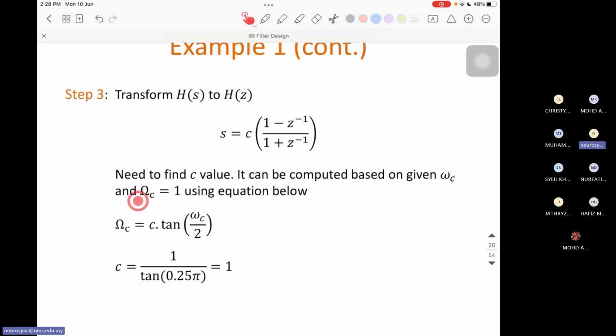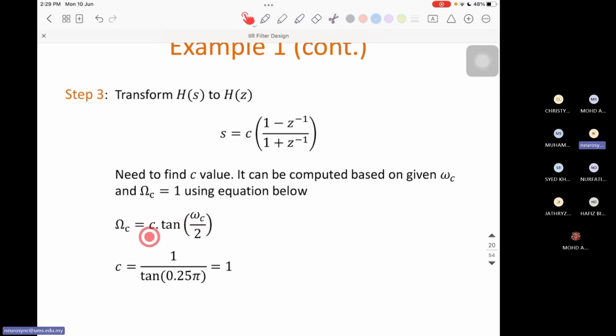The continuous omega c is 1, for simplicity. In the case of bilinear transformation, we know the relation between the discrete frequency and the continuous frequency: the continuous frequency is equal to c times tan of the discrete cutoff frequency divided by 2.